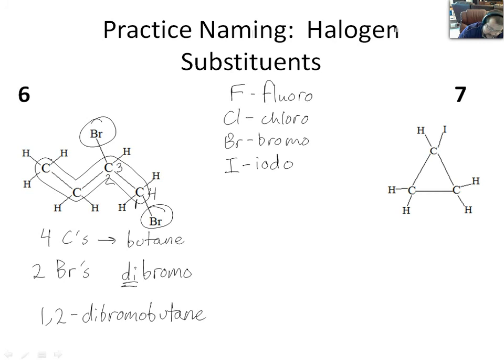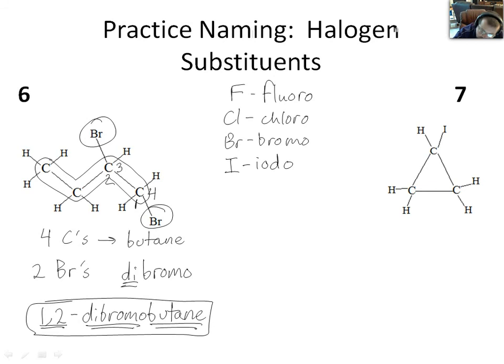And just like a street address, it says the parent chain, what's hanging off of the parent chain, and where it's hanging off of. Instead of city, state, and street, we have parent chain, what's hanging off, and where it's hanging off, just like an address.